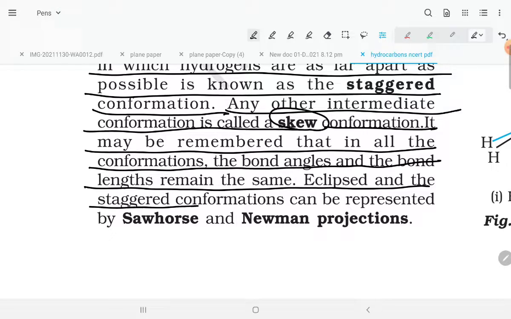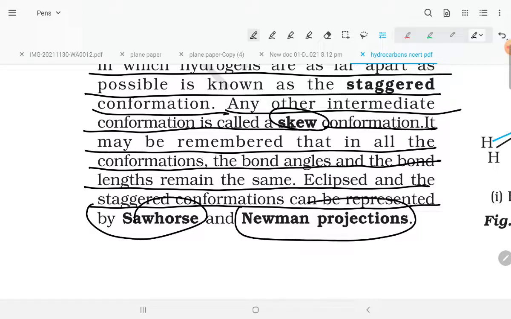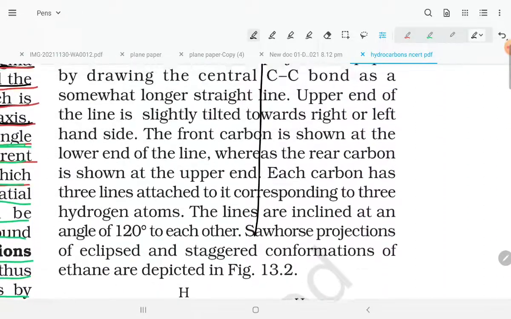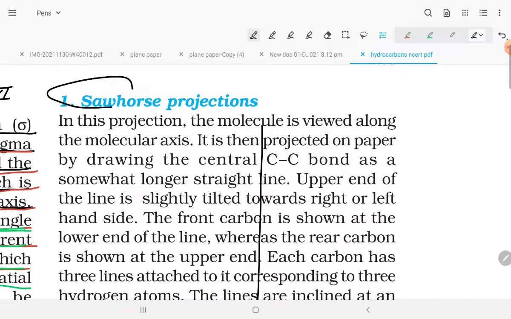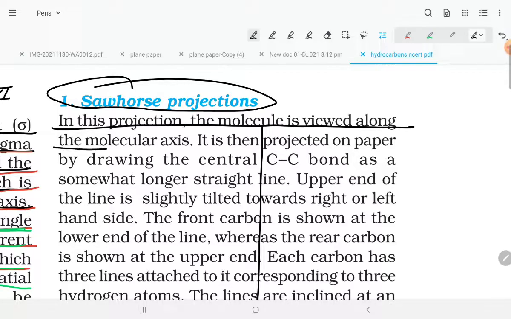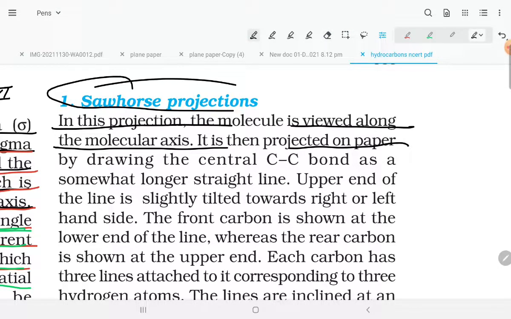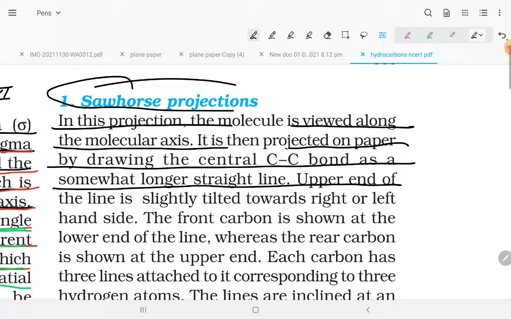Eclipsed and staggered conformations can be represented by Sawhorse and Newman projections. So let us try to understand the Sawhorse projection. In this projection, the molecule is viewed along the molecular axis and then projected on paper by drawing the central C-C bond as a somewhat longer straight line.